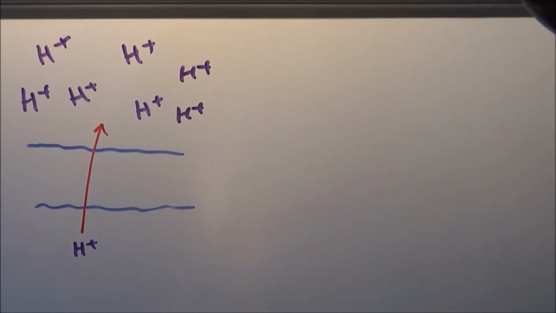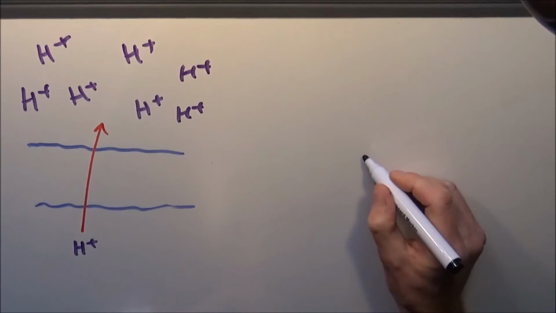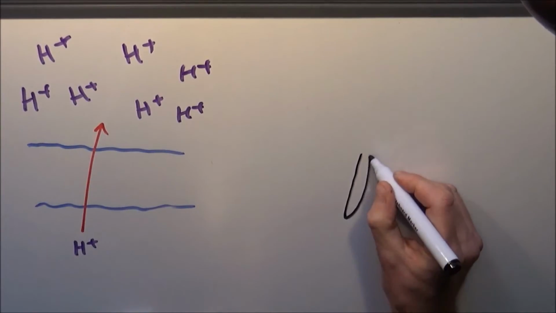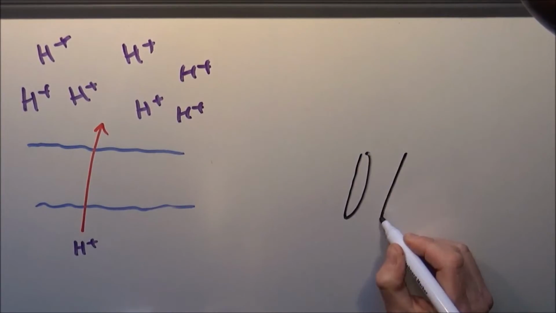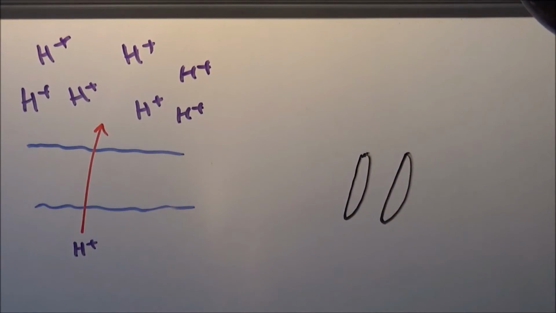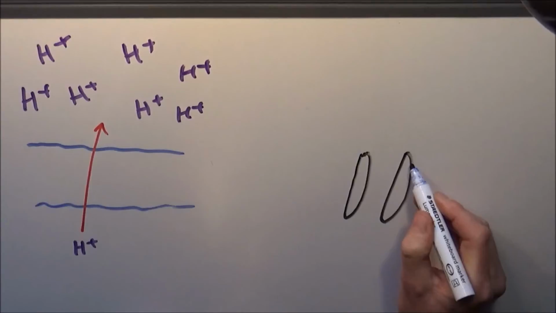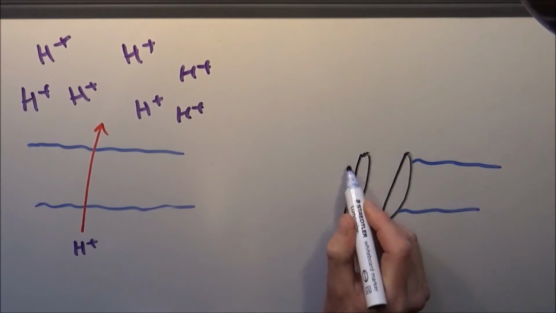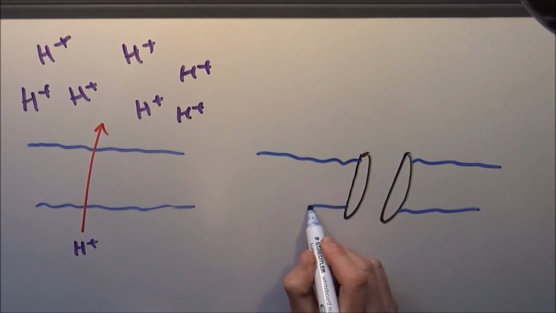Now, if we open up this membrane, so let's put a little channel in here, a proton channel protein, let's describe it as. This is exactly what you have in the inner mitochondrial membrane, by the way. So there's the membrane.